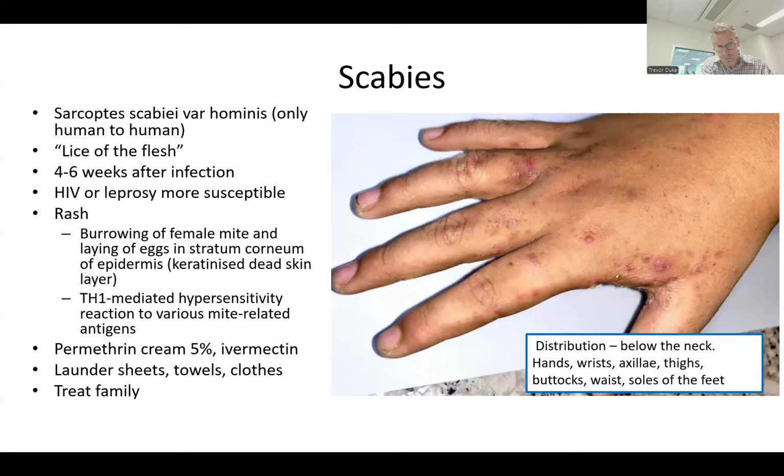And of course, launder the sheets, towels and clothing that the child and the family have been using. Usually you need more than one application of permethrin cream: one to start with, and then another in a couple of days' time. Leave it on overnight and then wash it off the next day.